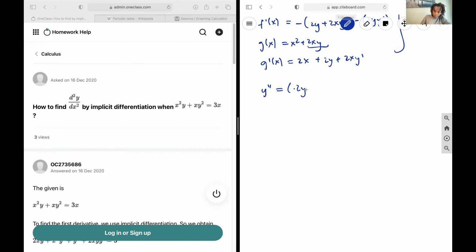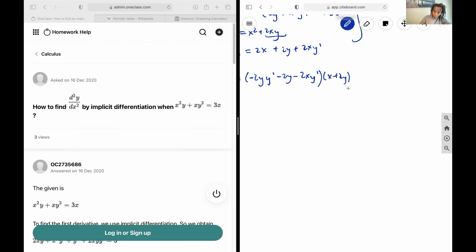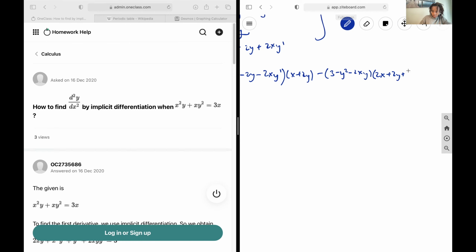So negative 2y y prime minus 2y minus 2xy prime into x plus 2y minus 3 minus y squared minus 2xy into 2x plus 2y plus 2xy prime.